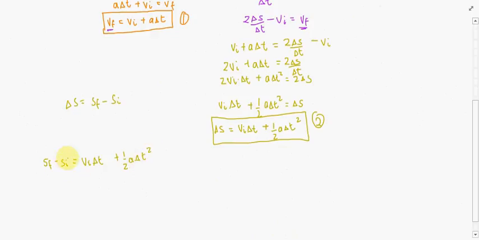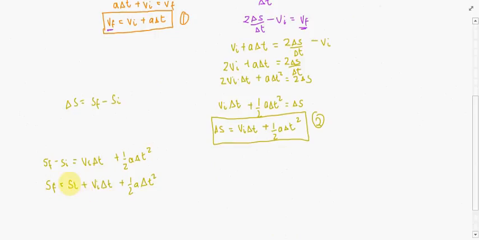And I'll just bring this initial position over to this side so that I have the final position on its own, which is equal to initial position plus vi delta t plus 1/2 a delta t squared.